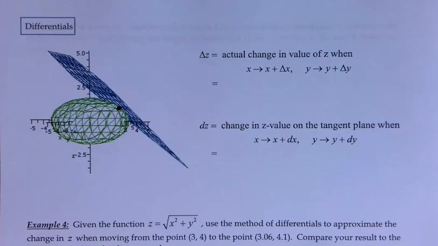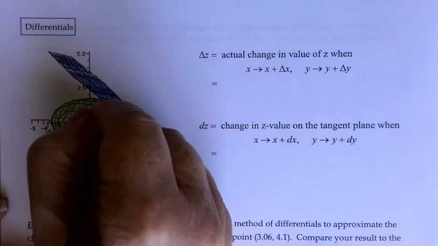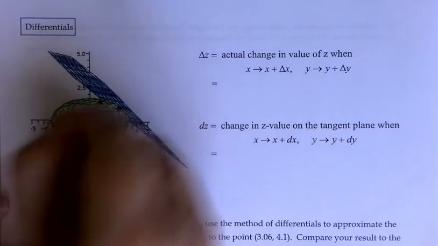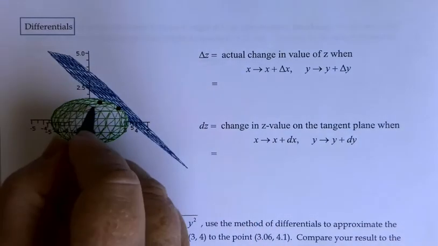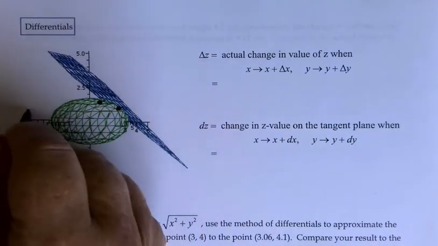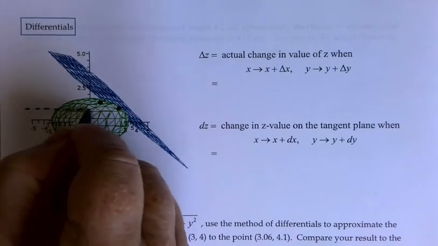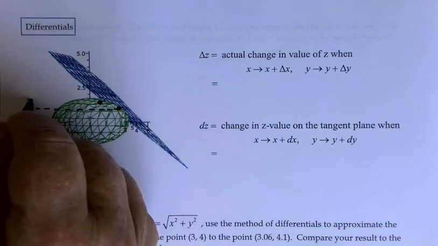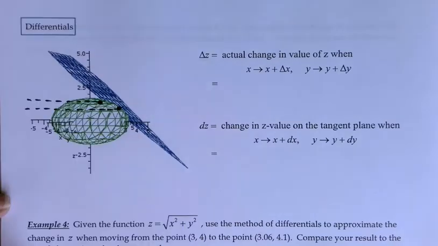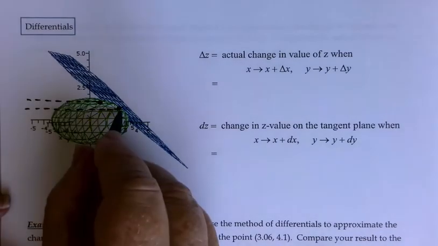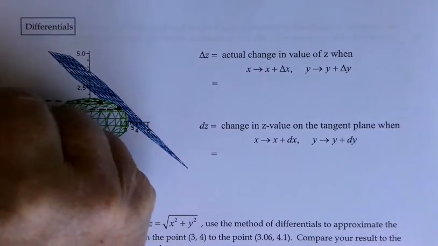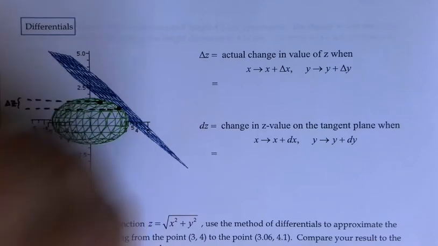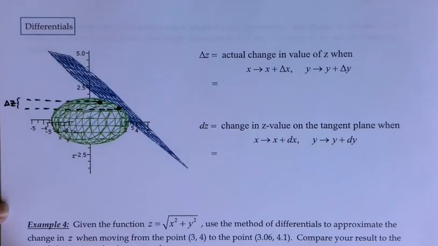Then if we imagine that we move over a little bit, and again I'm going to move over more than I would normally, to say another point over here, then the actual z-value has changed by some amount. Here's the old z-value, here's the new z-value. This would be called delta z, the amount of change in z.